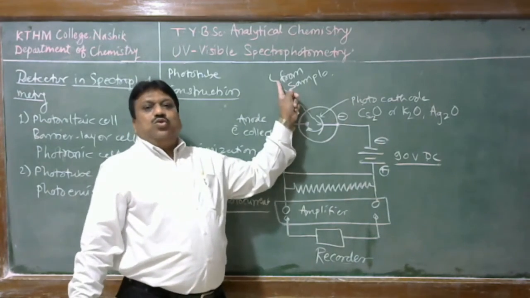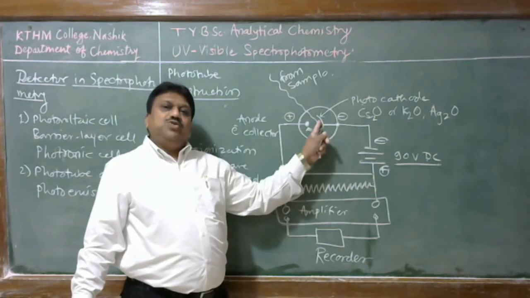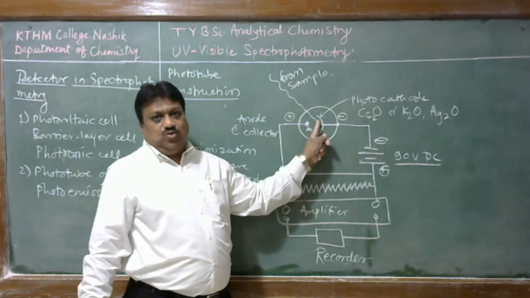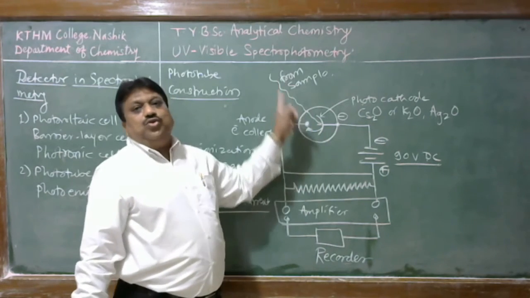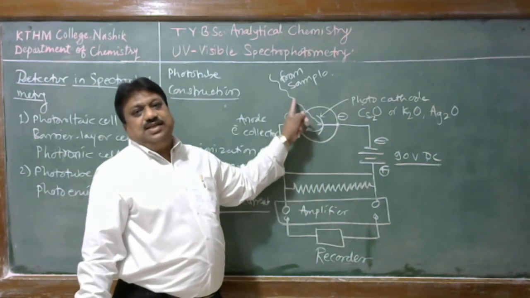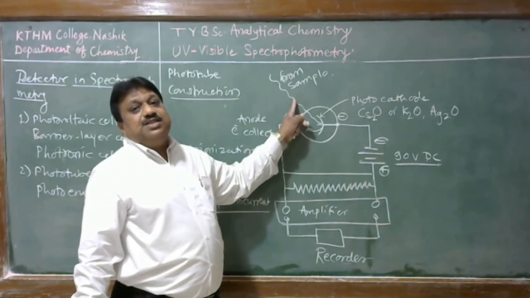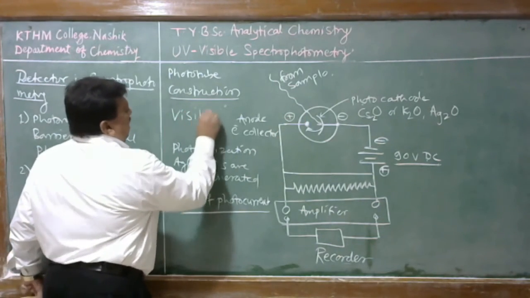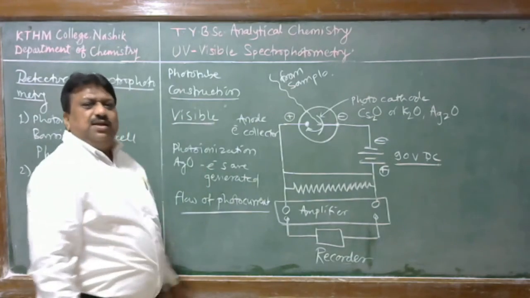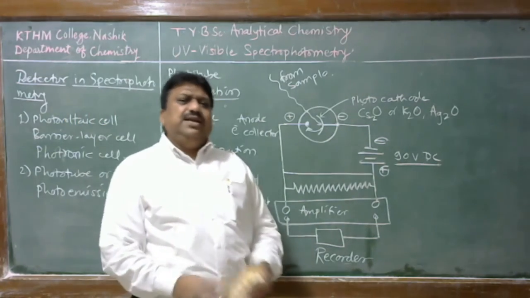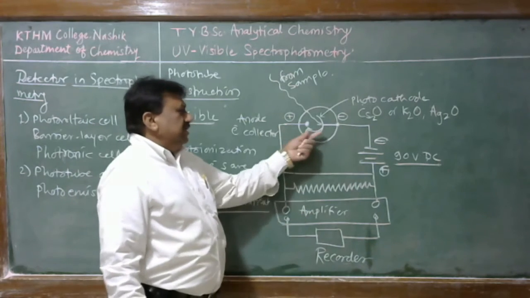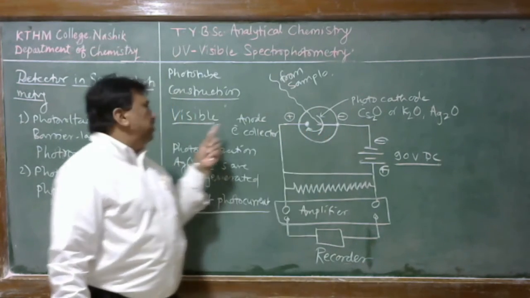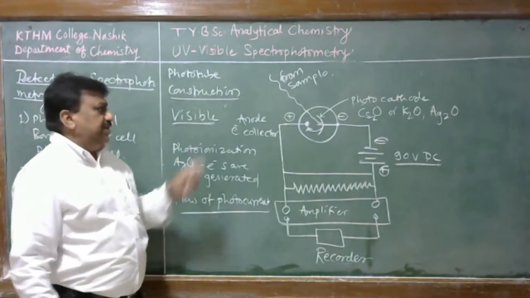Therefore, the photocurrent generated is directly proportional to the intensity of radiant power falling on the photocathode. In this way, the phototube works as a detector in visible spectrophotometry. It is suitable for visible analysis. In ultraviolet spectroscopy it does not have sensitivity, therefore it is generally used in the visible region.